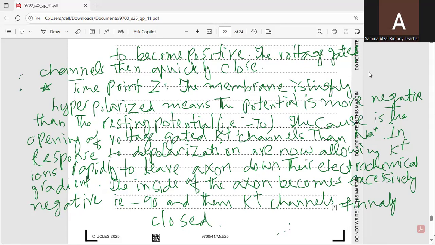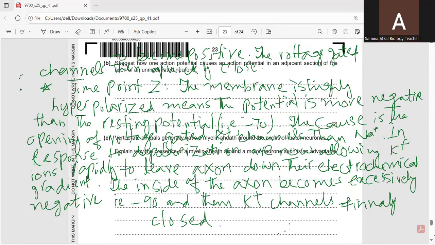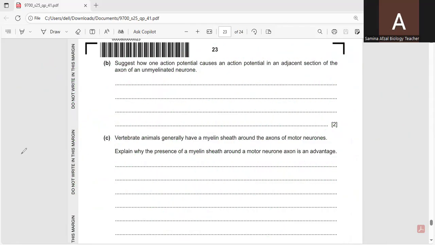Now we will move to the second part of this question. The second part is: suggest how one action potential causes an action potential in an adjacent section of the axon of an unmyelinated neuron.